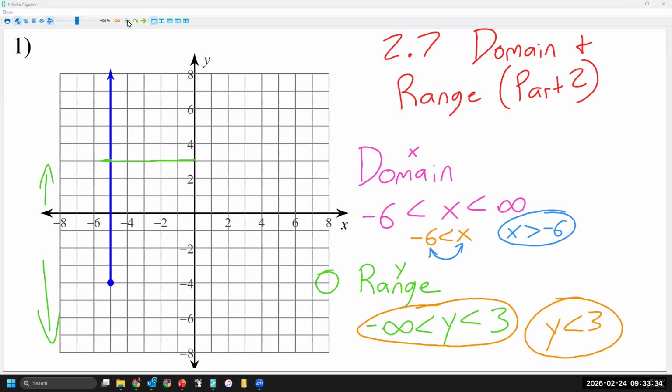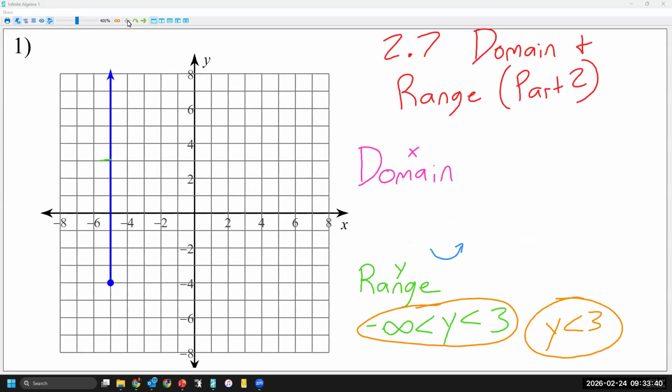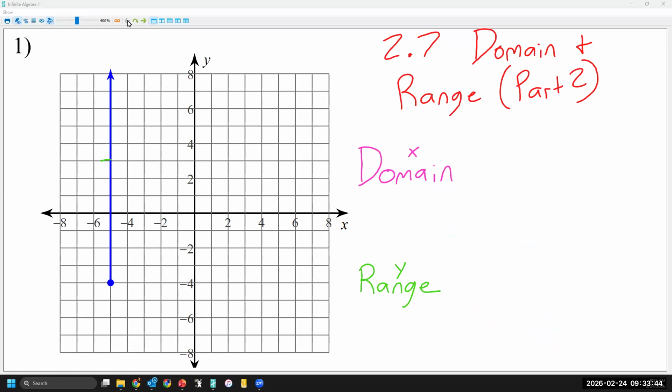Okay. Let's talk about what makes this one kind of weird and different. So for this one, I'm going to start off with the range because the range is normal on this one. The range says, well, how far down and how far up do I go?